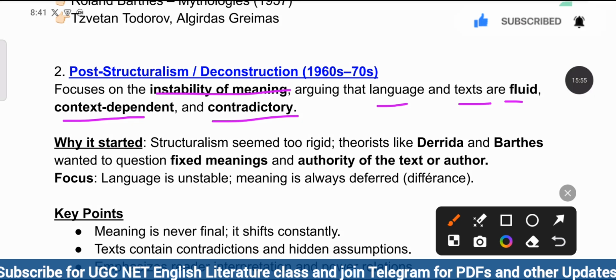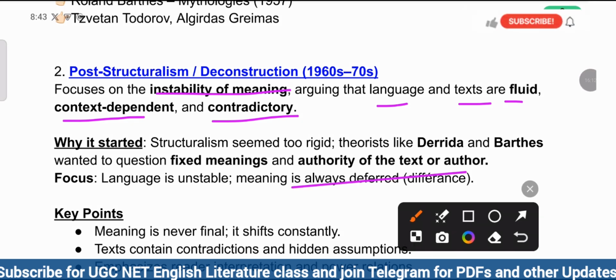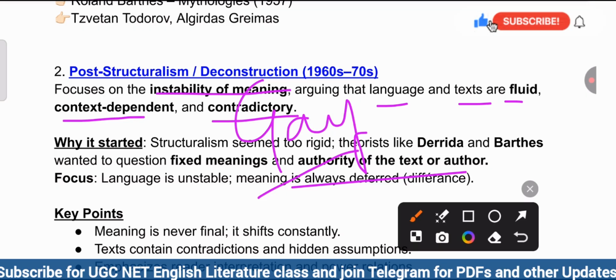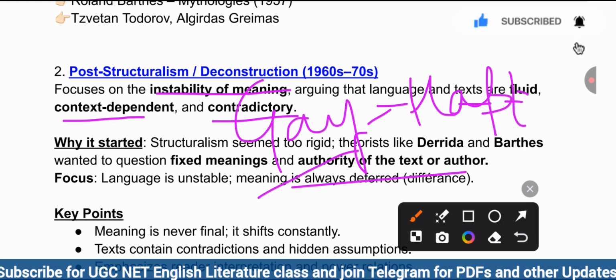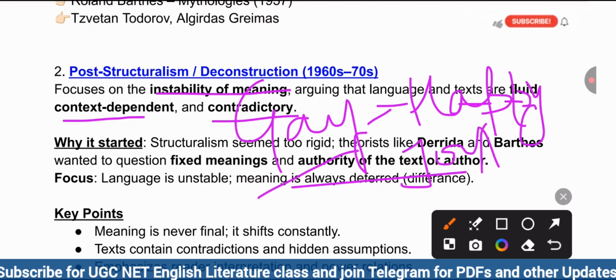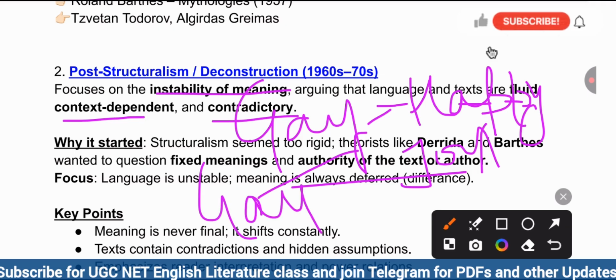For example, in Shakespeare's era the meaning of the word gay was happy, joy, cheerful. But in the modern era, we all know the meaning of gay. It refers to a person's sexual orientation, or you can simply say homosexual.